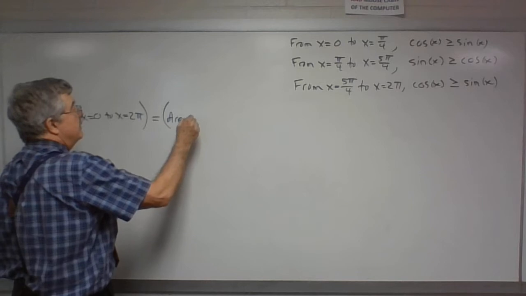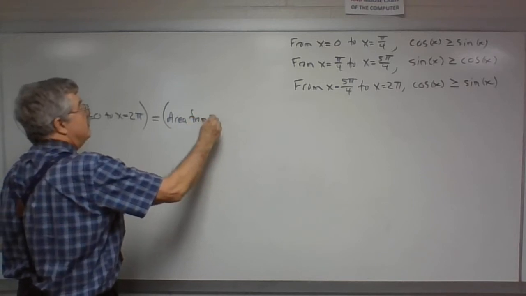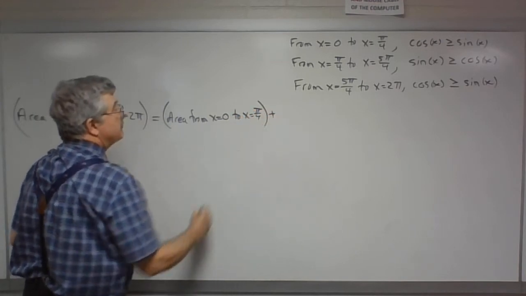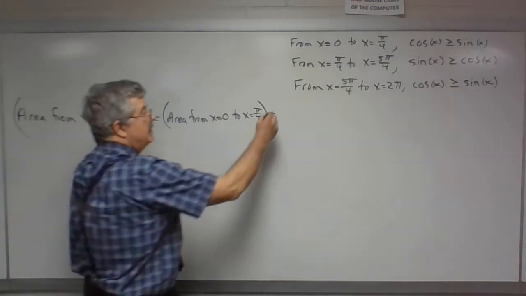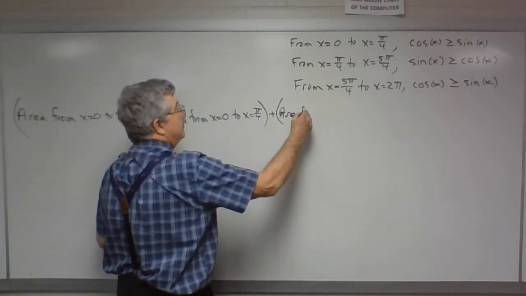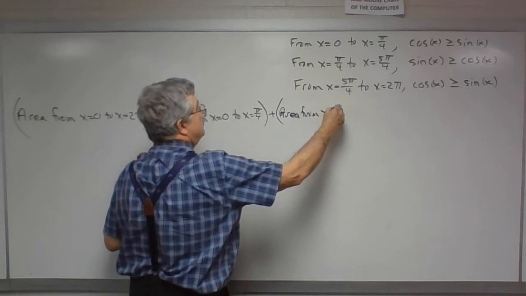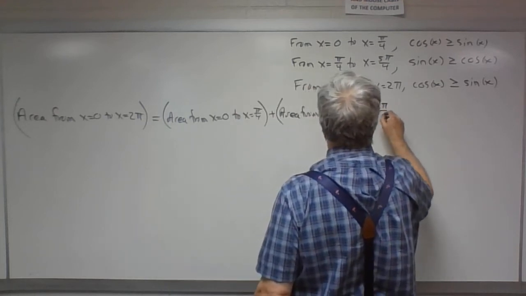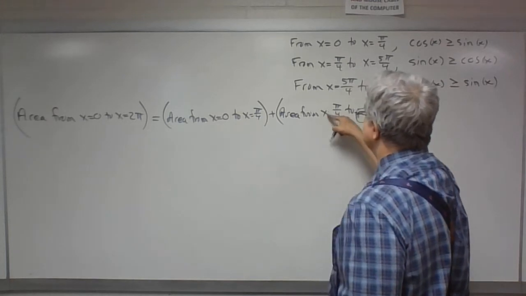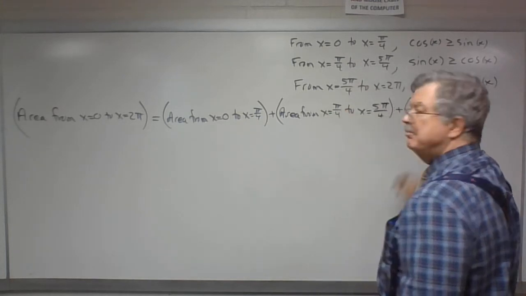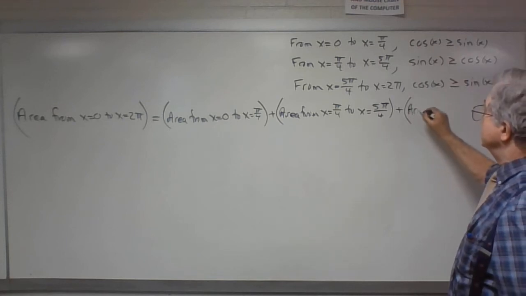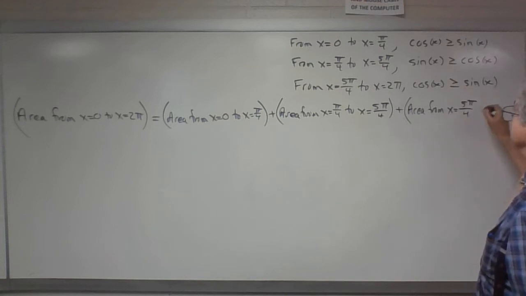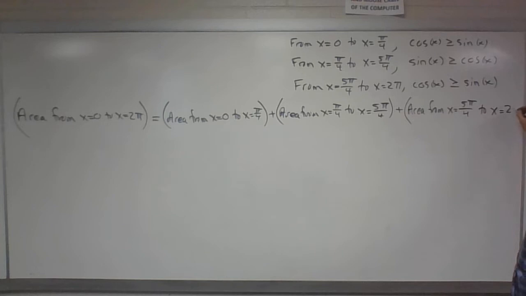And that's equal to the area from x equals 0 to x equals pi over 4, plus the area from x equals pi over 4 to x equals 5 pi over 4, plus the area from x equals 5 pi over 4 to x equals 2 pi.